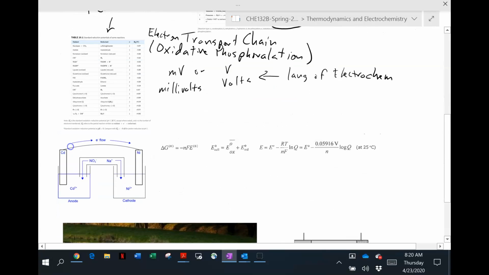Now, the other thing that electrochemistry is, is an experimental technique.